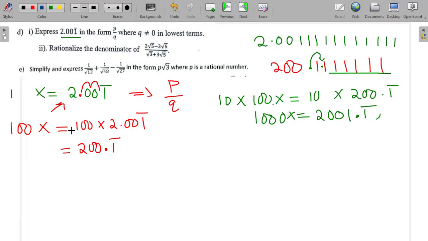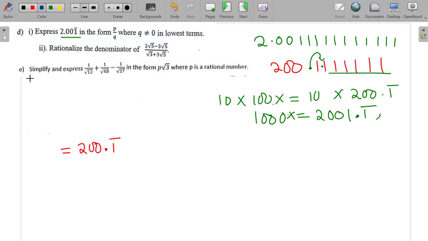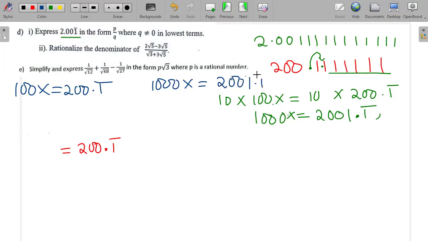So I have my two numbers such that immediately after the decimal place, I have the repeating part. Let me write it here. I have 100x equals 200.1 bar, and then 1000x equals 2001.1 bar.